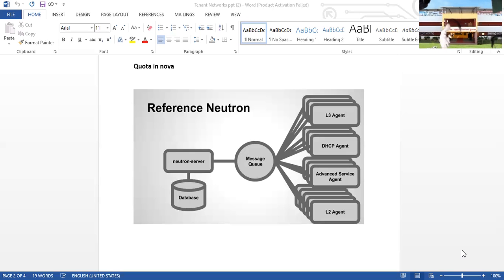Quotas are enforced by making a claim or reservation on a resource when a request is made, such as creating a new server. If the claim fails, the request is rejected. If the reservation succeeds, then the operation progresses until such a point that the reservation is converted into usage.